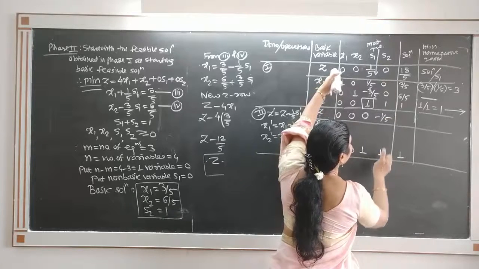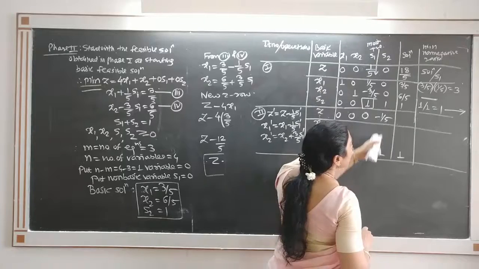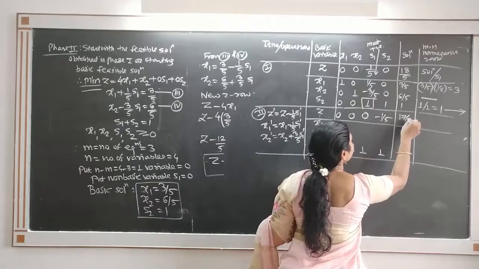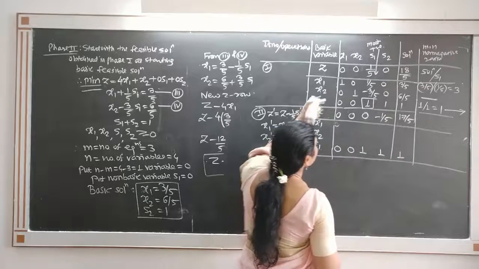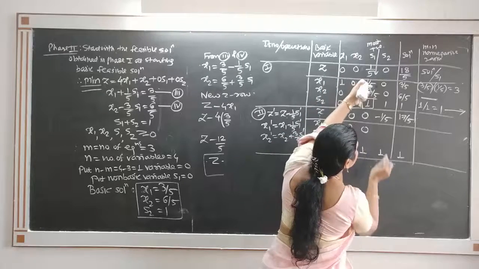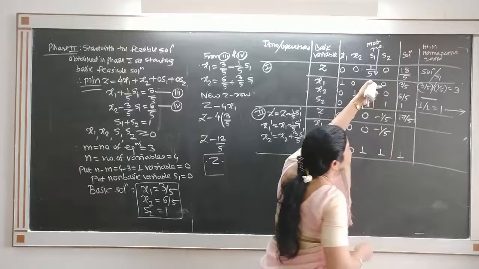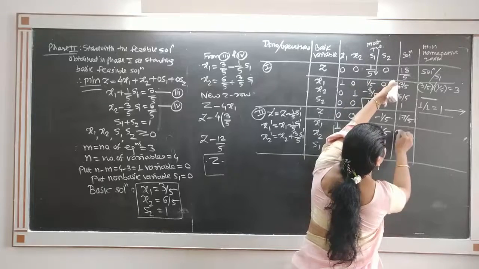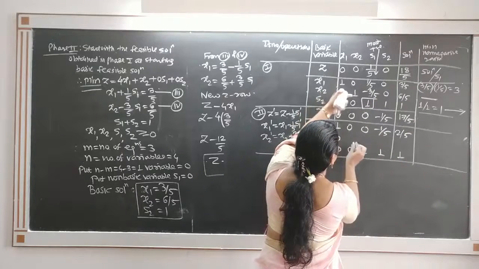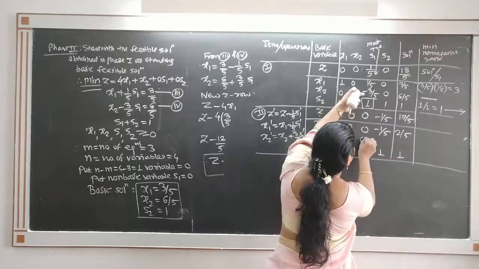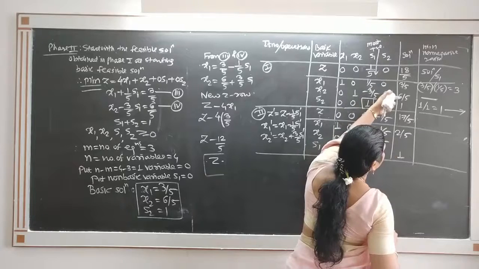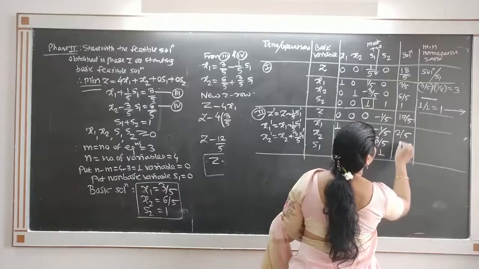Minus 1 by 5 of this row: so 0 minus 1 by 5, and 18 by 5 minus 1 by 5 gives 17 by 5. x1 minus 1 by 5, minus 1 by 5 gives 1. 0 becomes 0 minus 1 by 5, and 3 by 5 minus 1 by 5, 2 by 5. x2 plus 3 by 5, 0. 1 plus 0, minus 3 by 5 plus 3 by 5 is 0. 0 plus 3 by 5 gives 3 by 5, and 6 by 5 plus 3 by 5, 9 by 5.